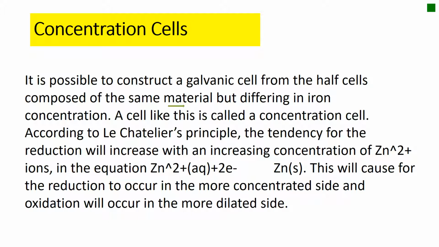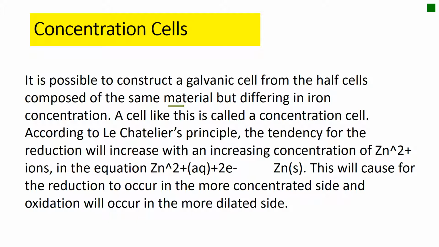Basically, this is the definition of a concentration cell. According to Le Chatelier's principle, the tendency for reduction will increase with an increase in the concentration of Cu2+ ions in the equation right here that I have as an example.